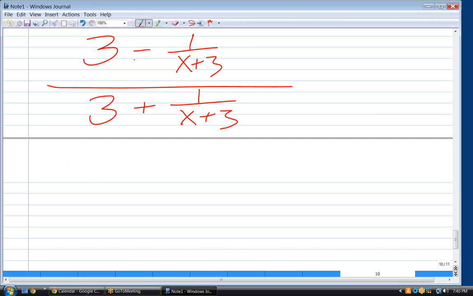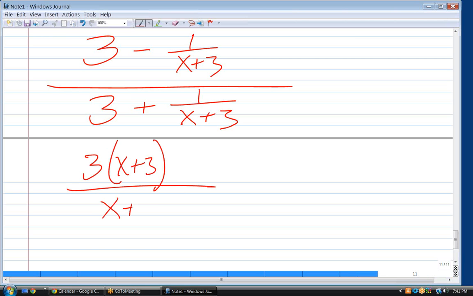So let's rewrite it. Subtract the top. What do we get? 3x plus 3. Yeah, we can start there. So what does that simplify?